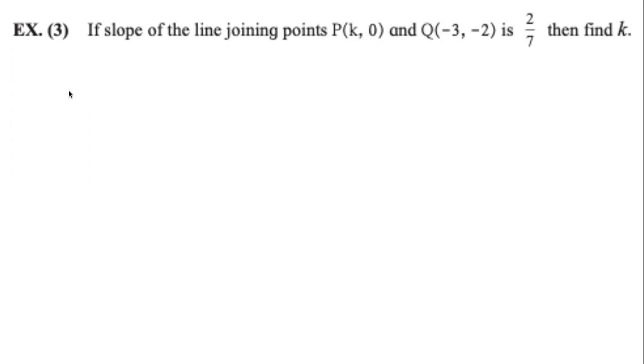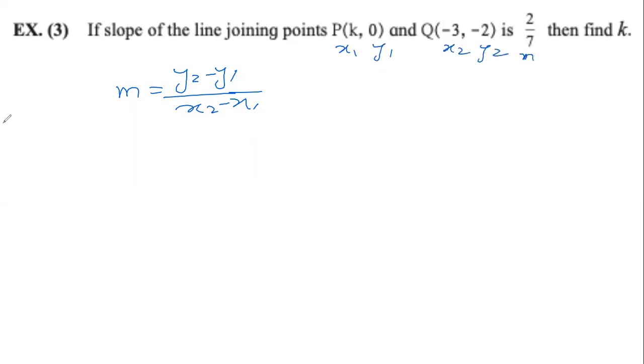Very simple method to solve this. We will say M equals y2 minus y1 by x2 minus x1. In this case, this is our x1, y1, x2, y2, and this is our M. We will just put those values here. M equals 2 by 7. Y2 is -2.